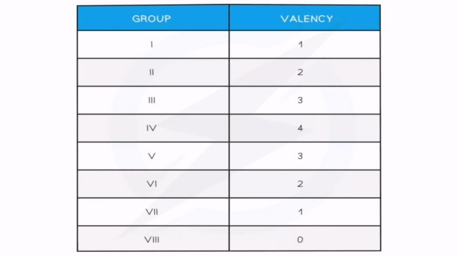Group 4 has a combining power of 4, which means they can make 2 double bonds, or 4 single bonds, as you remember when we talked about bonding. Then group 5 is 3, group 6 is 2, group 7 is 1, and group 8 does not have a combining power. That's why they are unreactive, because they do not have the combining power. All right.